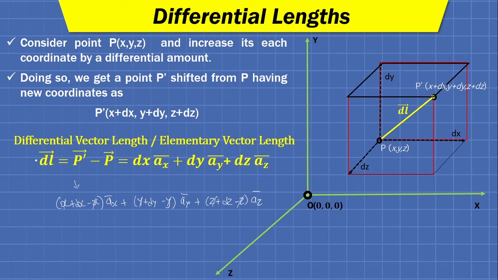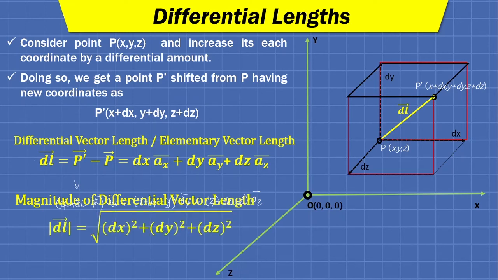So this is the differential length of this element, and the magnitude of differential vector length is nothing but under root dx square plus dy square plus dz square. Fine. Moving further to understand the differential surfaces.